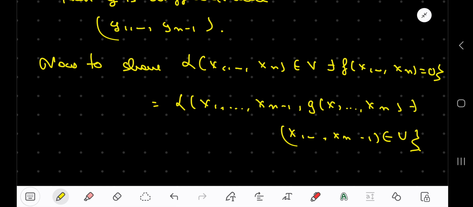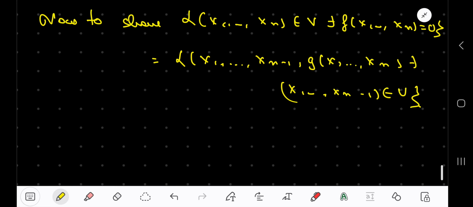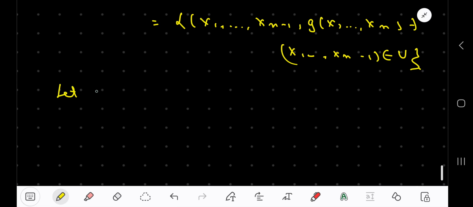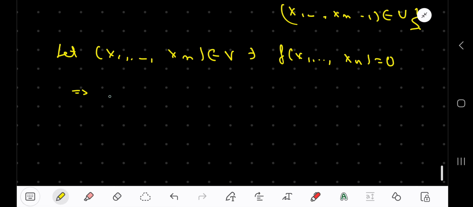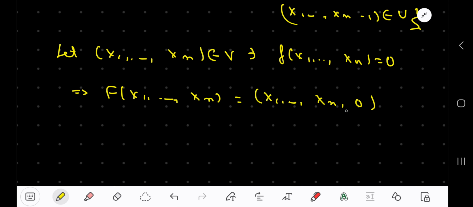Now how can we actually do this? It's actually a very simple argument. Just choose a value from the first set. So let us choose a value from the level curve. Let x1 till xn be in V such that the image of it under small f is 0. What does this immediately imply? This implies that capital F applied to this is x1 till x(n minus 1) comma 0.